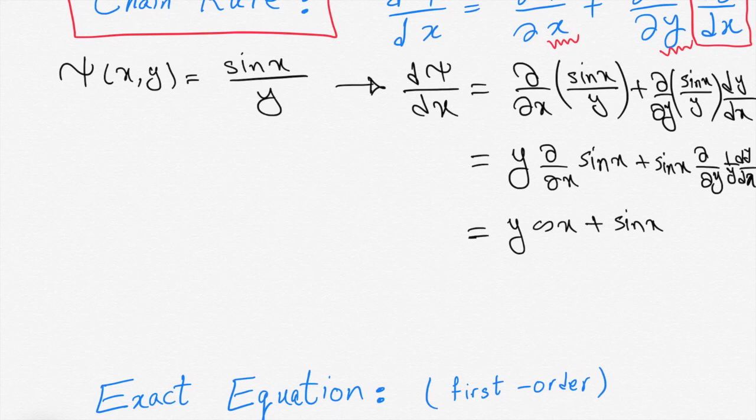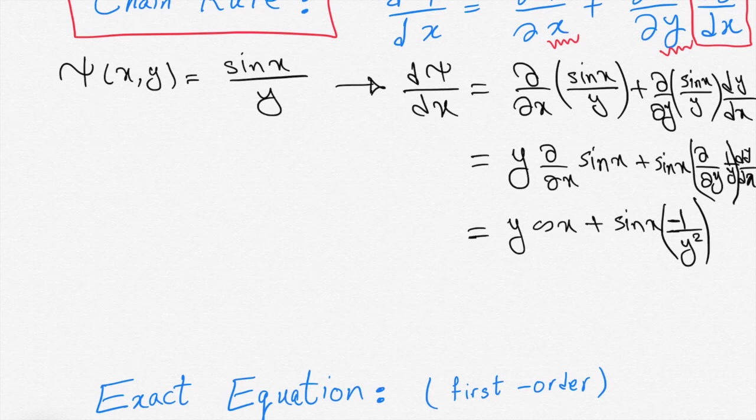So what is actually the partial derivative of 1 over y? This is going to be 1 over this times, we also have a minus here, right?